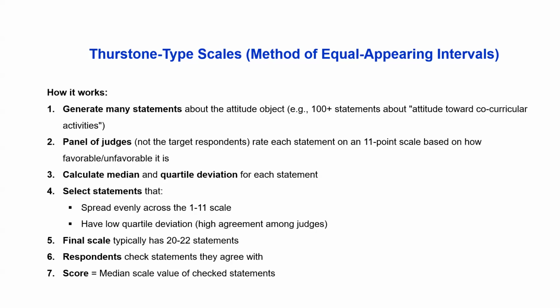They are asked to rate each statement on an 11-point scale based on how favorable or unfavorable it is. There are 11 scale points. One end describes favorable and the other end describes unfavorable. We give several statements with 11-point scales and ask them to mark.